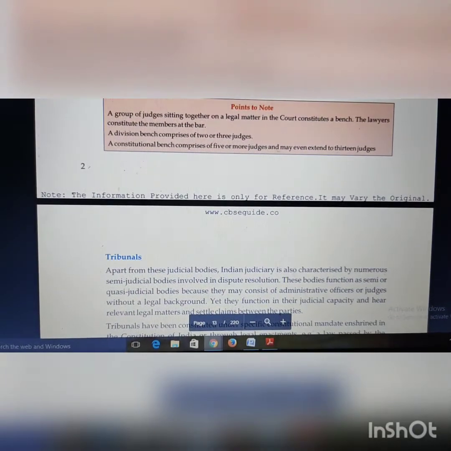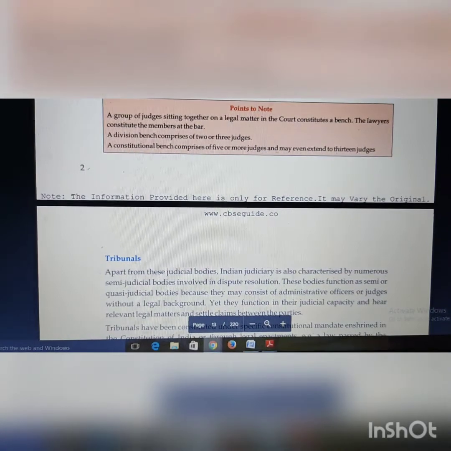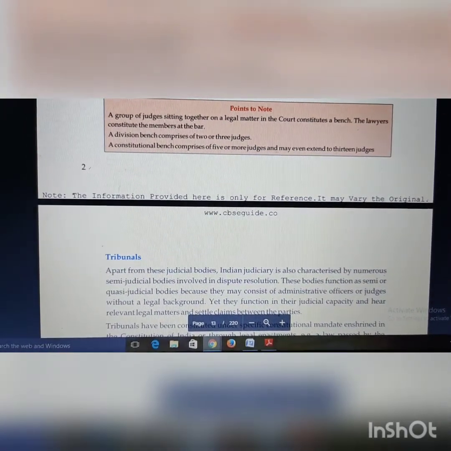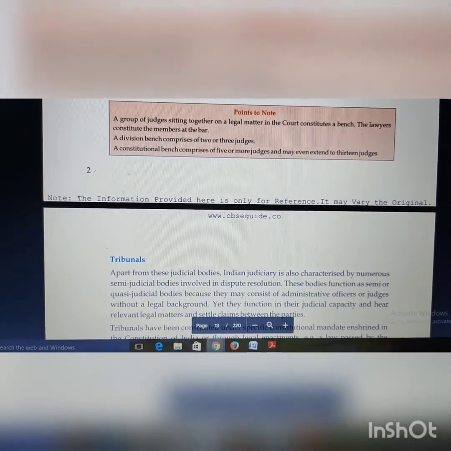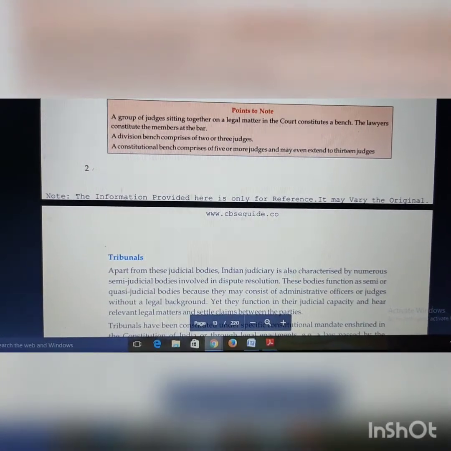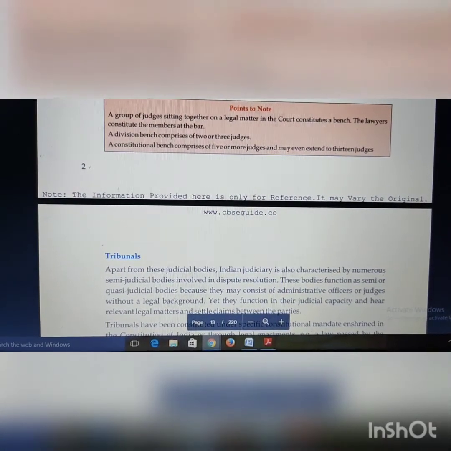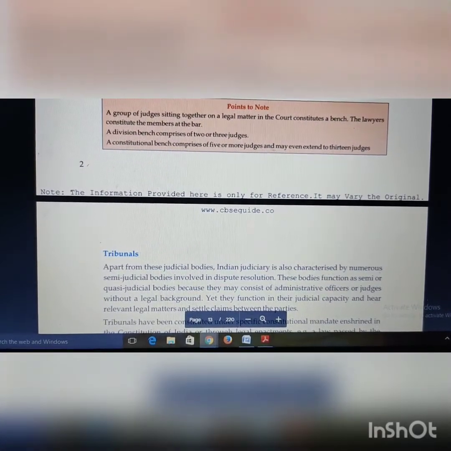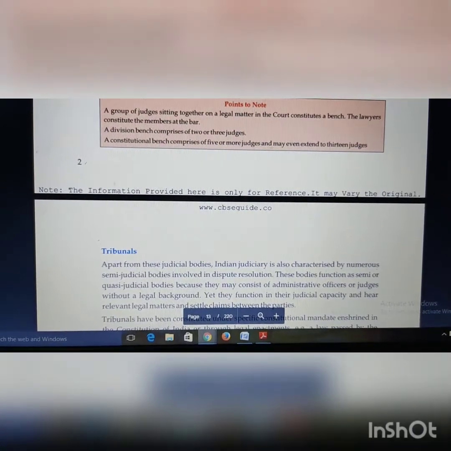Constitutional bench hears constitution related matters, like the Ayodhya verdict which came recently; that had a constitutional bench of 5 judges, headed by the then Chief Justice of India, Justice Ranjan Gogoi. You may know about this also. And the maximum limit of judges in a constitution bench can be 13.